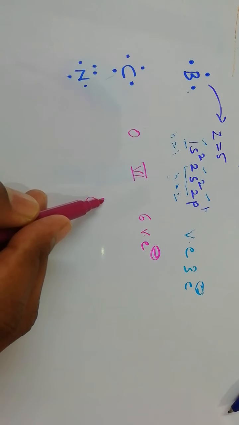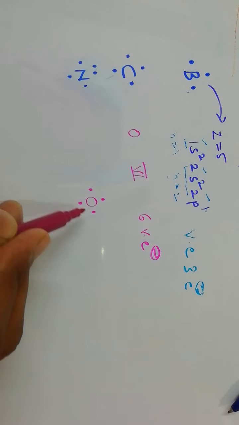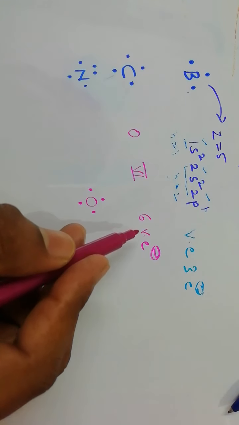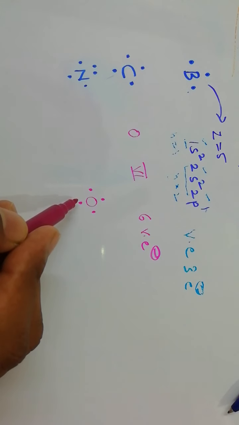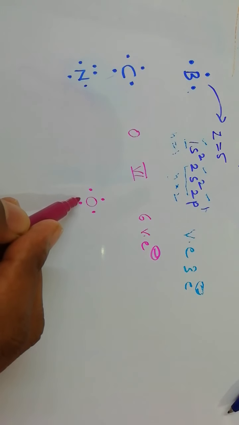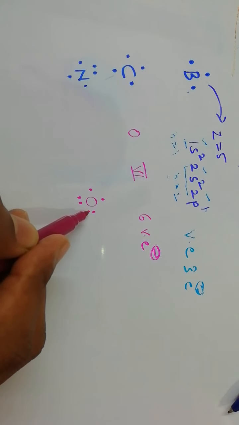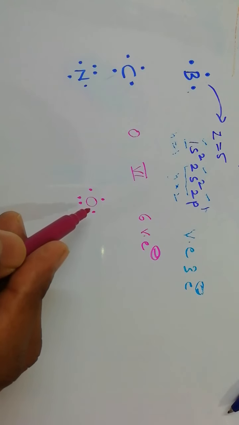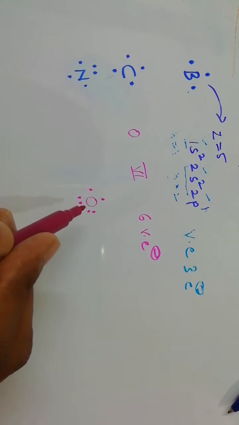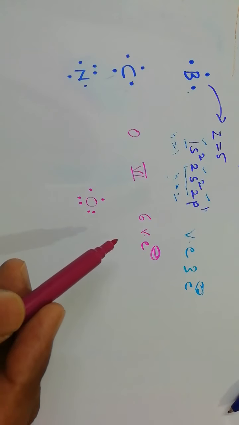First you write 4 electrons on 4 sides. Now how many are left? 2 electrons are left. Those 2 electrons you can pair up with either of the electrons, no problem. My choice is I paired up here and here. Now there are 6 electrons around the oxygen. This is the Lewis dot representation of an atom of an element.